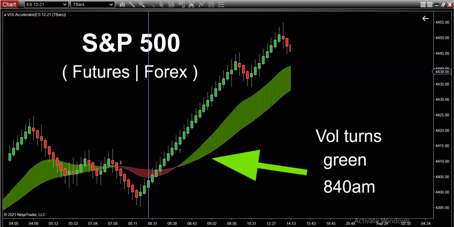So remember, stocks is different than futures and Forex. You can trade futures and Forex on the S&P round the clock. But I will say, and I will grant you this, there is a tremendous amount of volume that comes in at 8:30, which is Central Time, by the way, so 9:30 Eastern, New York time. That's when the stock market opens.